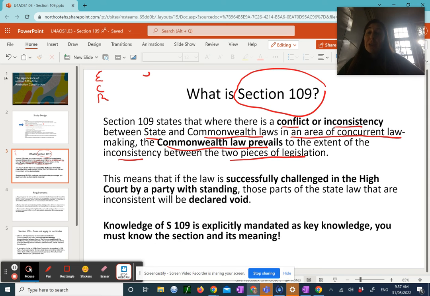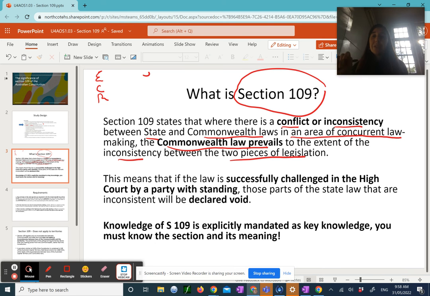They may make a law that comes into conflict, and Section 109 can be invoked in order to fix that particular conflict. The extent of the inconsistency means it may be a word or a phrase in the piece of legislation that is struck out.